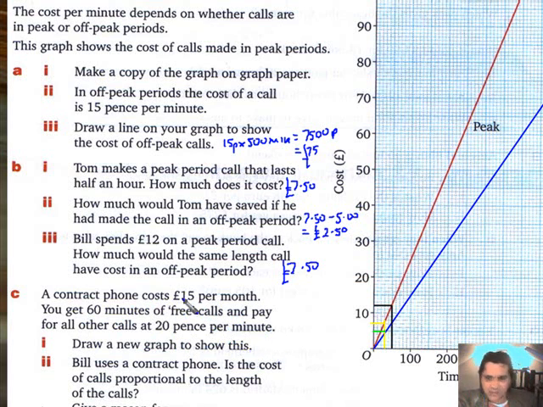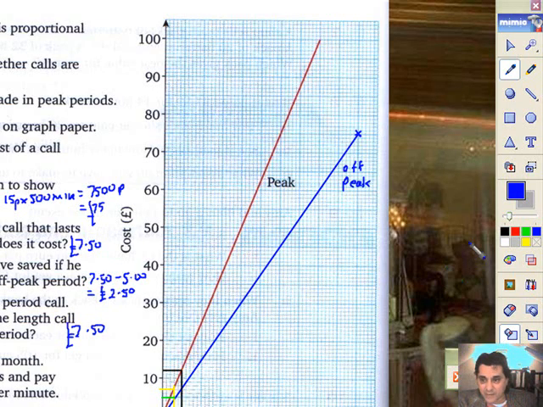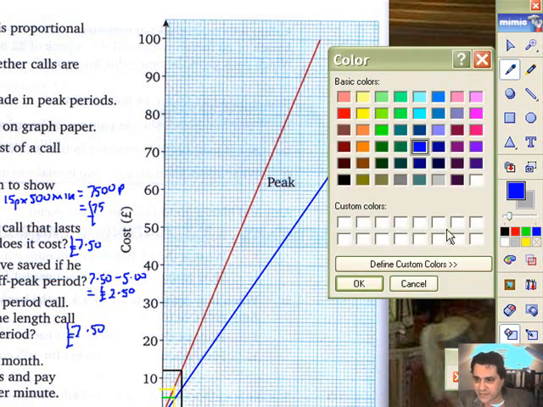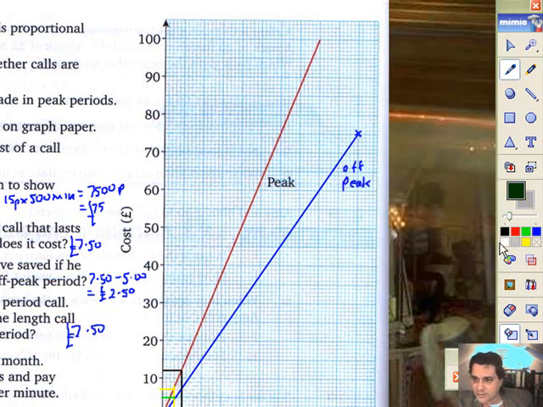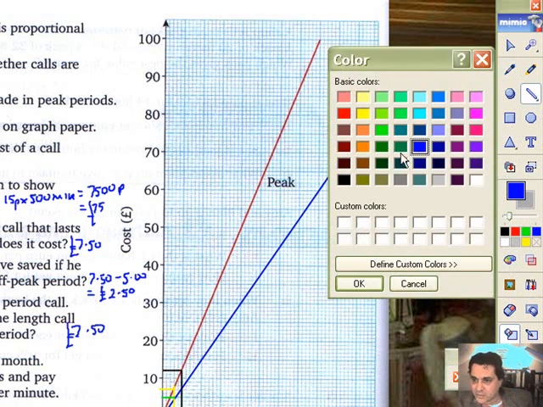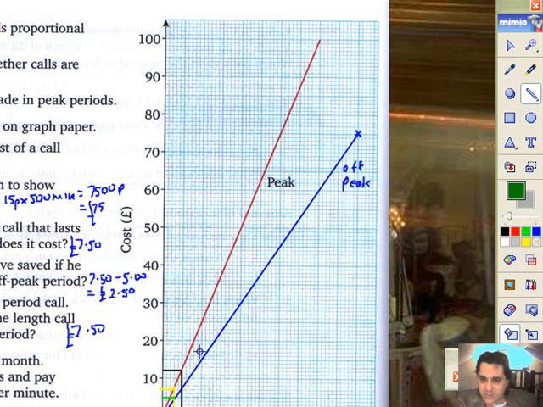So £15 per month, whatever happens. So my graph is going to start here and I'm going to go across 60 minutes. Let me do a different colour graph completely. Let's try something greeny like that. Alright, so now I'm going for £15 per month.